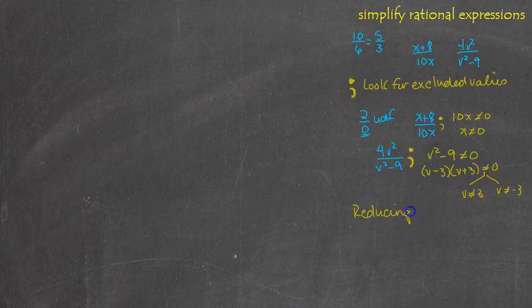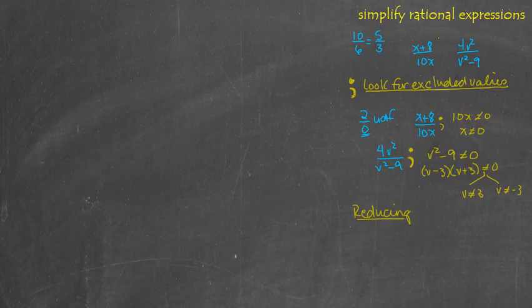Now the good news is it may not be as easy to see as it is when you're dealing with a fraction like this, 10 over 6, but reducing a rational number involving polynomials is just the same process.